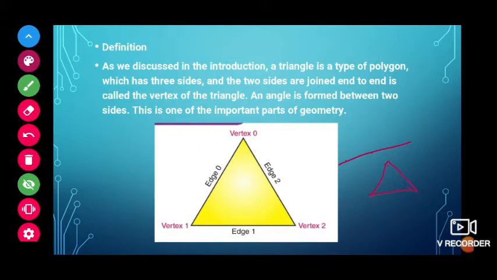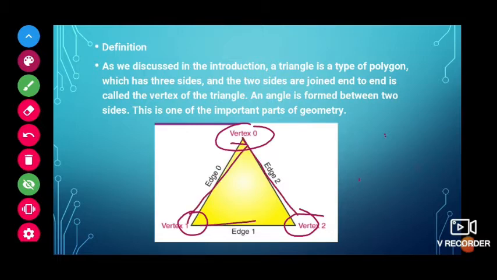Here, if we see, we join 3 points. These 3 points are called 3 vertices: vertex 1, vertex 2, vertex 3, or vertex 0, vertex 1, vertex 2, anything, children. Next, the lines we join are called sides or edges.